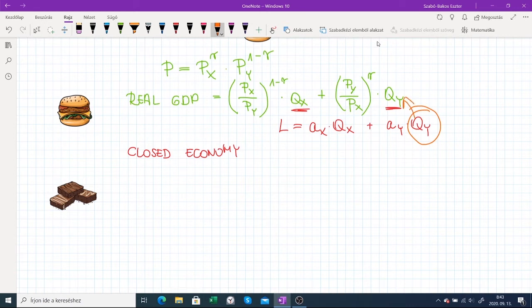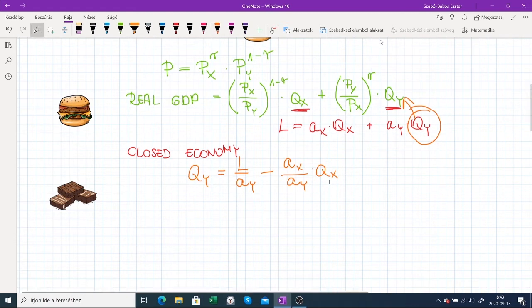Let's see what happens. Qy from the production possibilities frontier function equals L over AY minus AX over AY times Qx. And then we plug this into the real GDP expression.